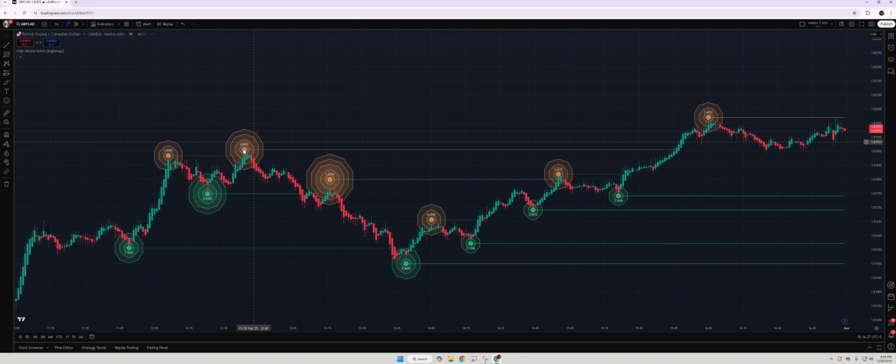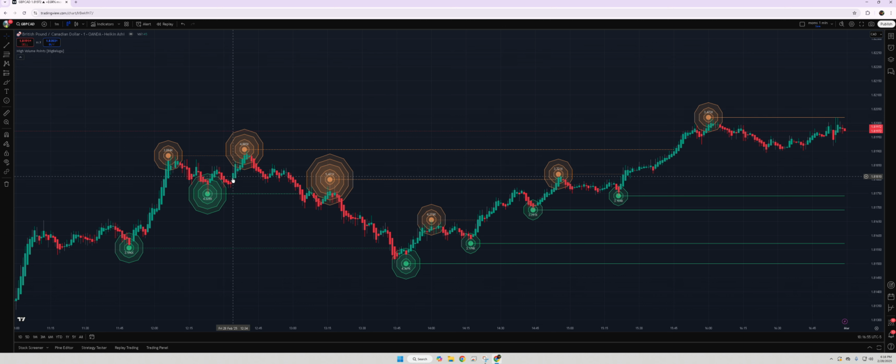What the high volume point is doing is letting us know that there were a lot of buyers and sellers, a very enormous amount. The more circles around that section, the more action there was between buyers and sellers. A whole lot more buyers and sellers came in for this than over here, because you see how you only got two.